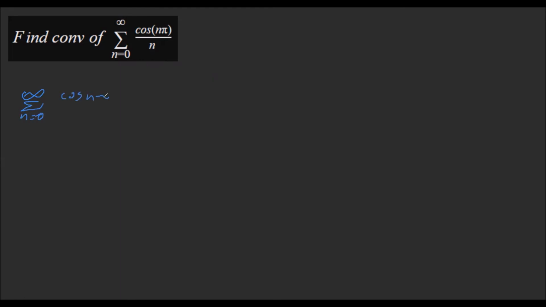So, as I stated earlier, cosine of n times pi alternates. If we disregard this 1 over n for a moment, we can see that it goes from 1 to -1 to +1 and so on. So it very clearly alternates in sign. So we have to say that it alternates sign.